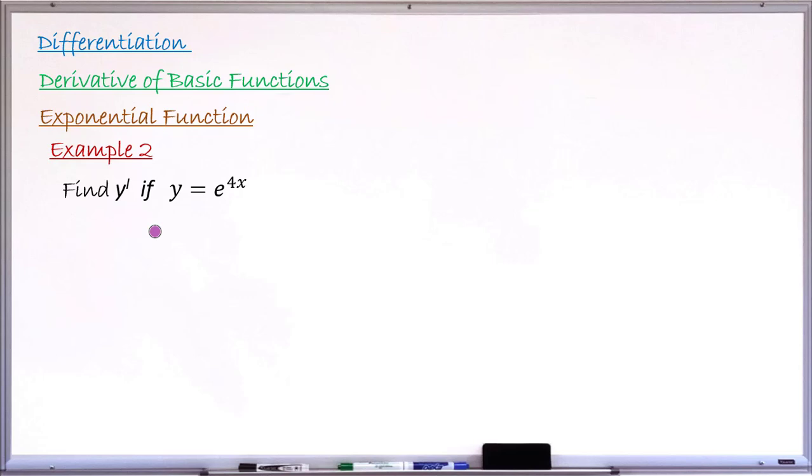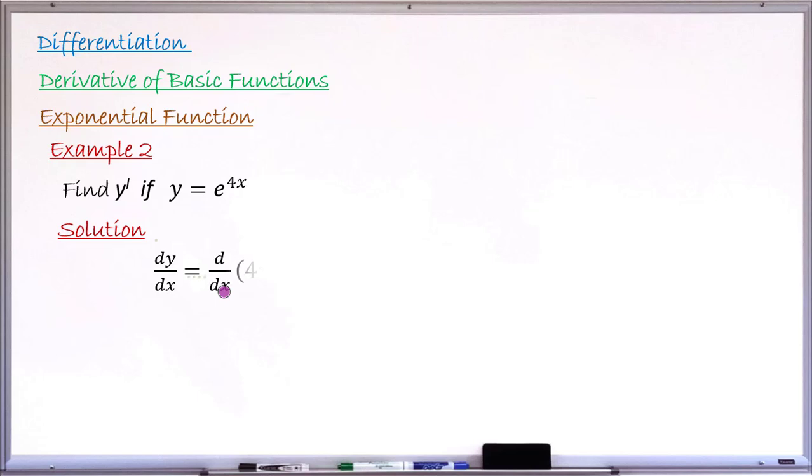Example number 2, you are asked to find y prime if y equals e raised to the power of 4x, that is e to the 4x. Solution to this problem: to find dy by dx, that is y prime, the rule for finding the derivative of an exponential function says the derivative of that exponential function is the same thing as the derivative of f(x), which in this case is 4x, times the original exponential function.